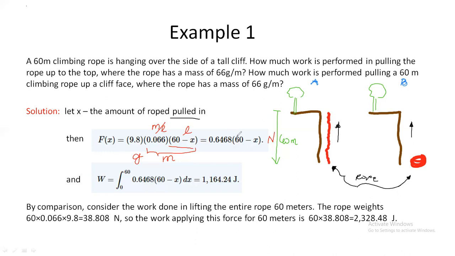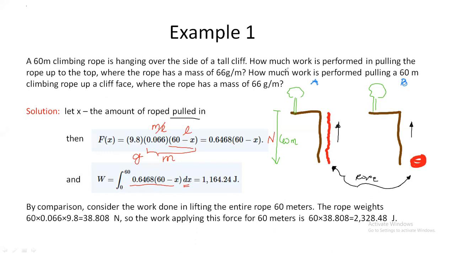But a while ago, we defined work as equal to the force times the displacement. In this case, the displacement is dx. What is that displacement? The displacement of this particular rope, either stretched or unstretched, is 60 meters from the bottom part of the cliff.